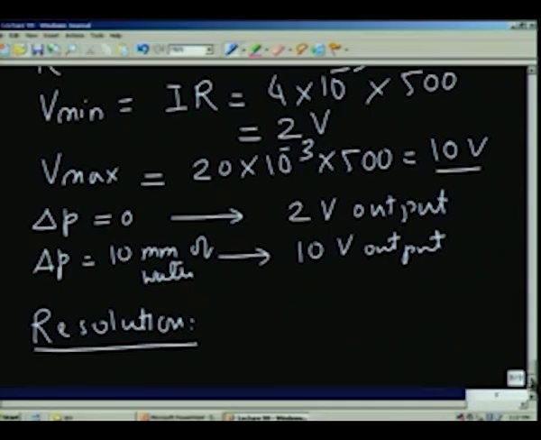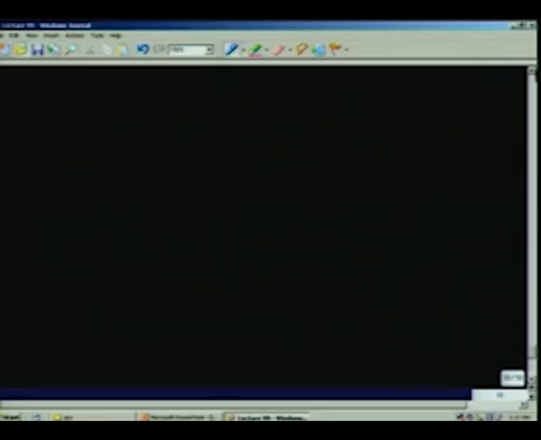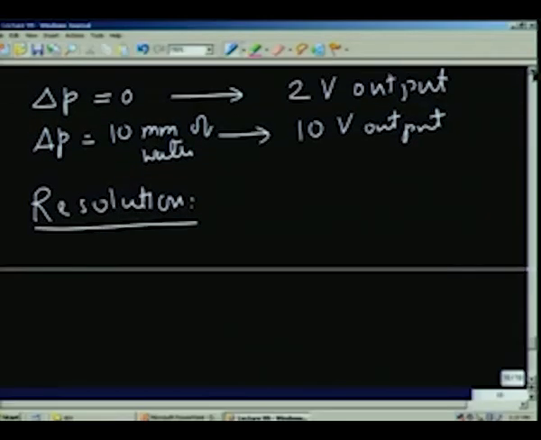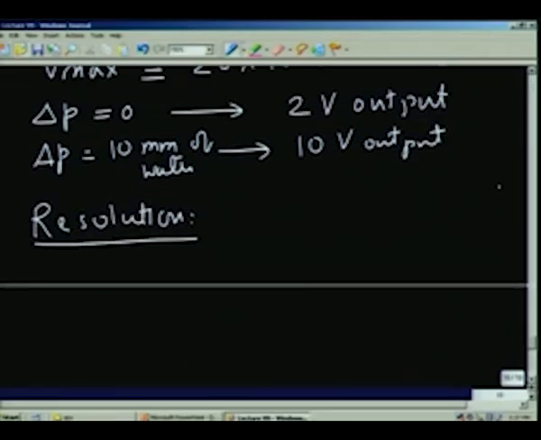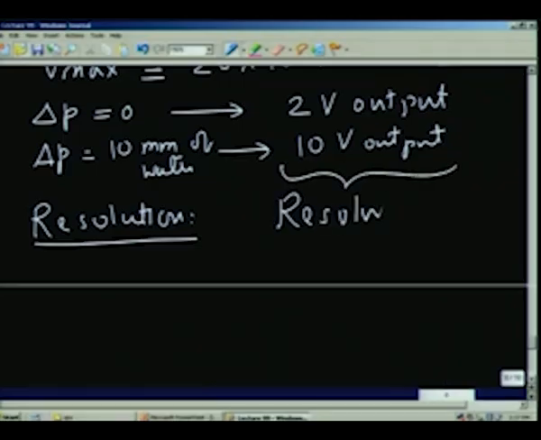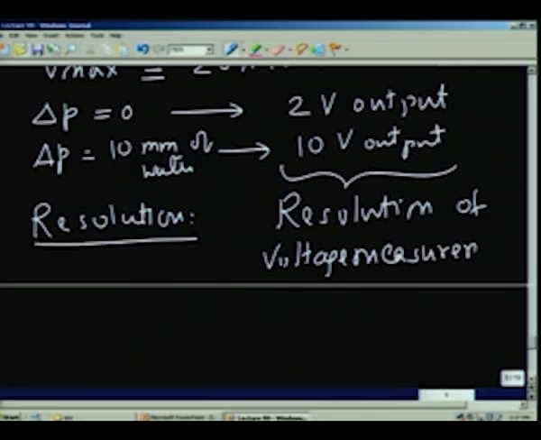The resolution, of course, in this particular case will depend on how I am able to measure these voltages. What is the resolution of the voltage measurement? That is the choice of the particular voltage measuring device.